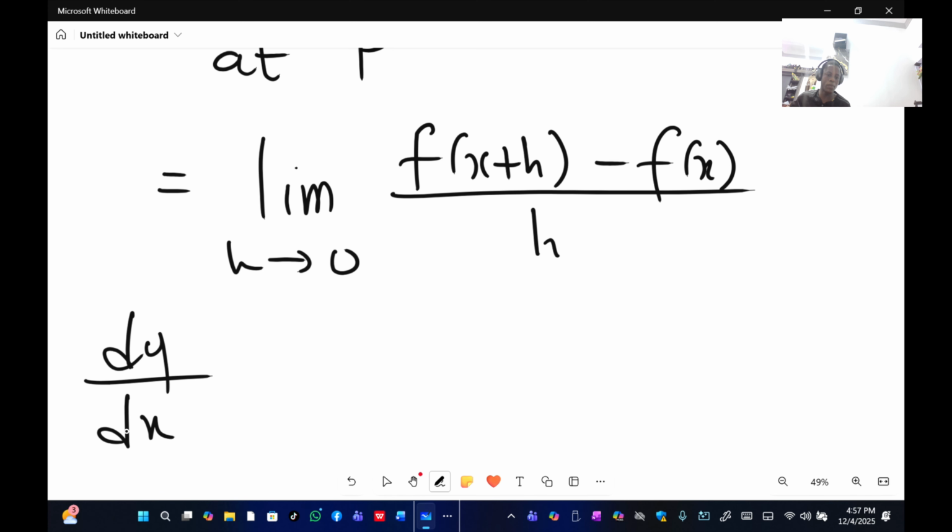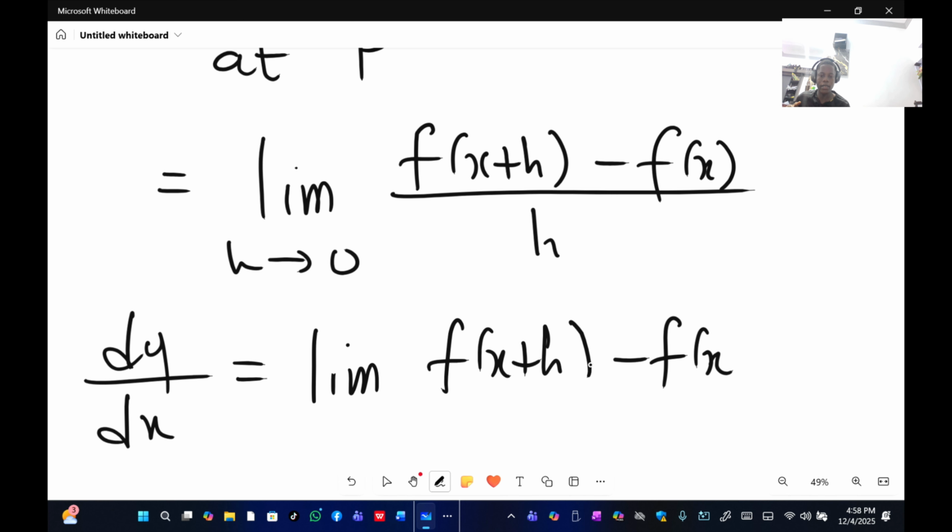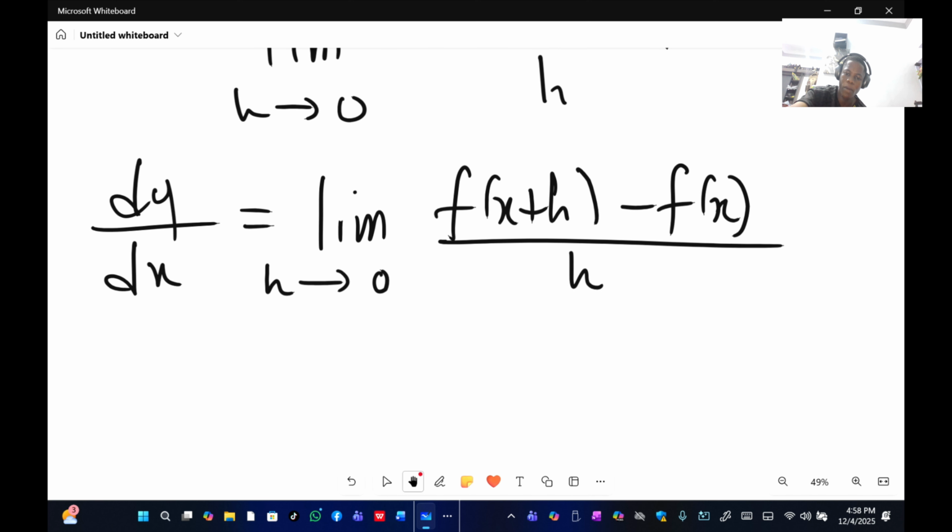So we are going to rewrite the whole thing as dy/dx is equal to the limit of f of x plus h minus f of x, all divided by h, as the small increment approaches zero. So this is the formula that we'll be using to find the gradient of a tangent to a curve at a particular point. And this is the same formula that we use to find the gradient of any given function at a particular point.